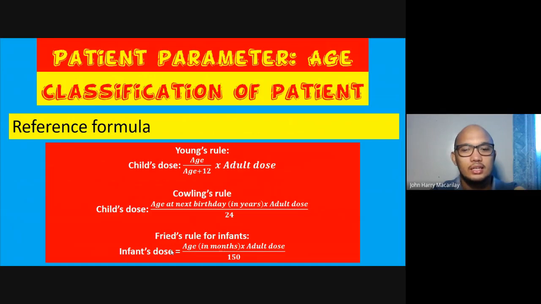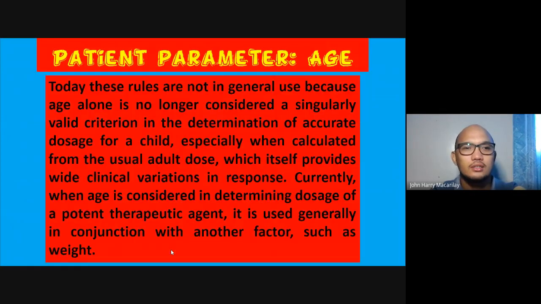So let's discuss some example problems related to these particular formulas. Today, these rules are not in general use because age alone is no longer considered a singular valid criterion in the determination of accurate dosage for a child, especially when calculated from the usual adult dose, which itself provides wide clinical variations in response.